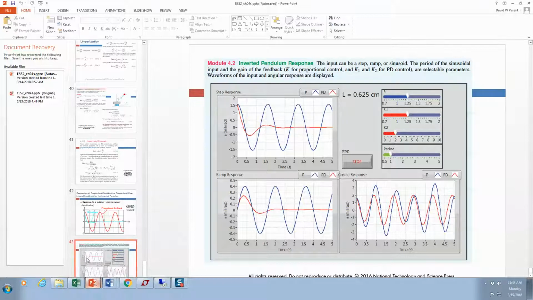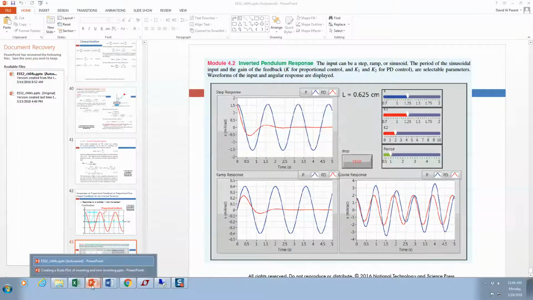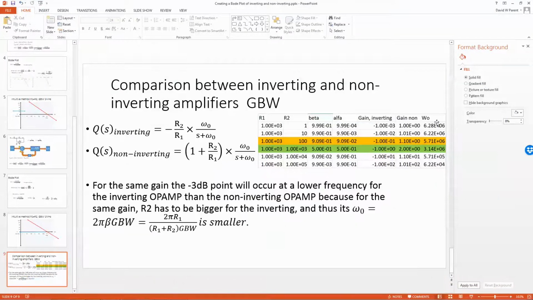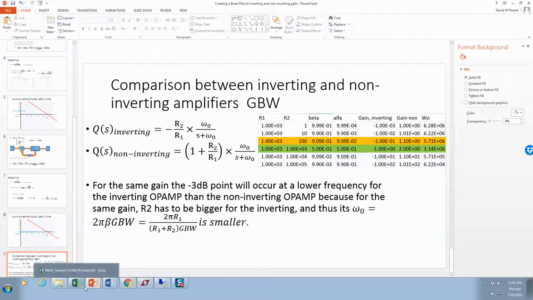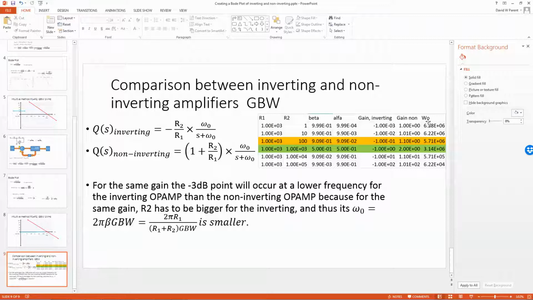Of course it can be bigger, because omega naught is bigger than... I'm sorry, this is omega naught, not the frequency term, so it is bigger than 1 megahertz. I was just checking my work, and I'm running out of time, so I can't really go back and edit this video.